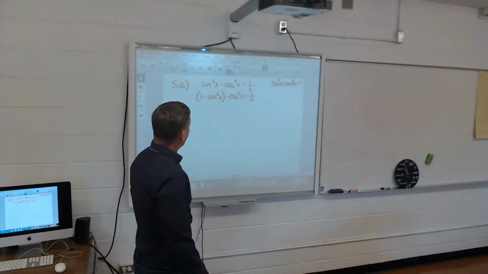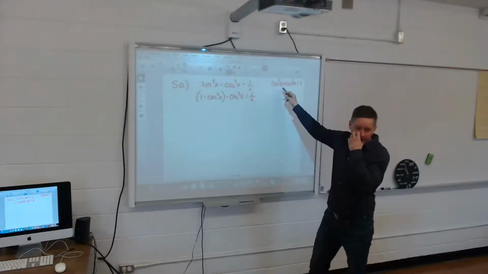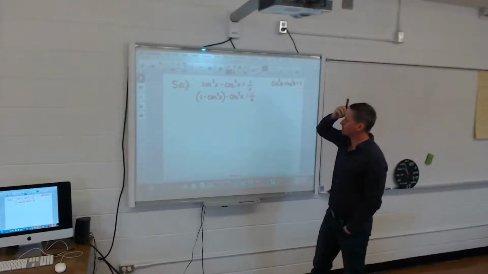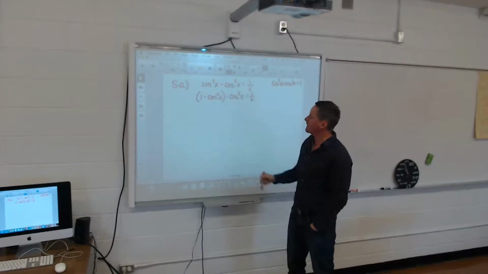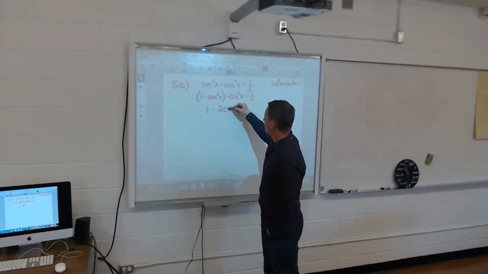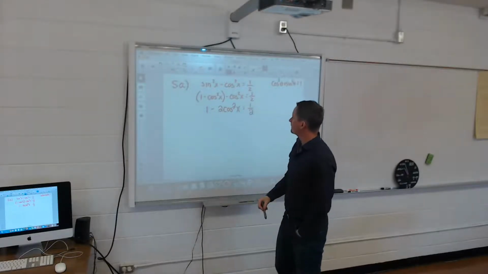Okay, so what I did is I arranged this. I made sine squared equal 1 minus cos squared, and I substituted it in. So now I have 1 minus 2 cos squared x equals 1/2.